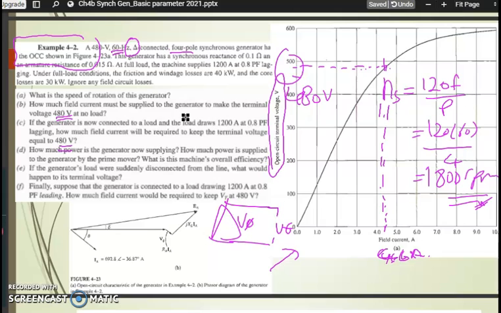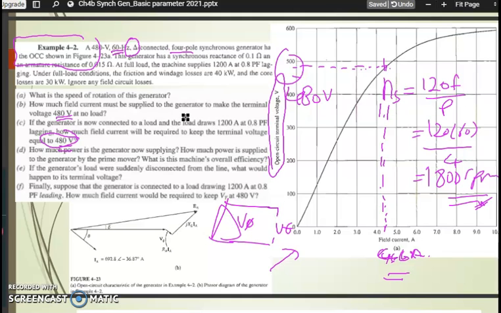Okay, if the generator is now connected to the load and the load draws 1200 ampere at 0.8 power factor lagging, how much field current will you require to keep the terminal voltage equal to 480 volt? We put 4.6, we have 480 at open circuit. But when we put a load, how do we maintain this 480 volt?